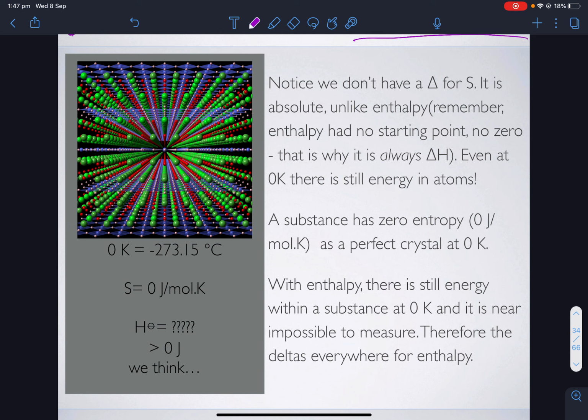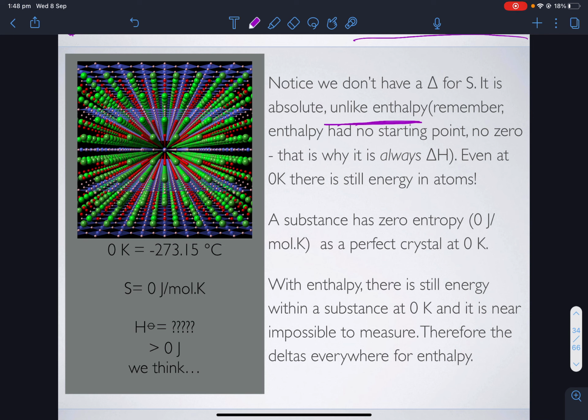We can measure the entropy of a substance. It is absolute, unlike enthalpy, because remember we had no starting point for enthalpy. Even at 0 Kelvin, once we approached it, we still noticed that there was still this energy left in molecules. But here we're defining entropy as something different, okay?